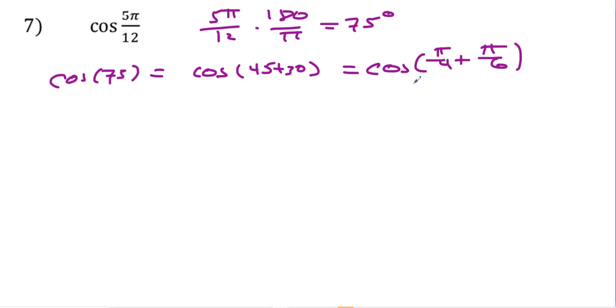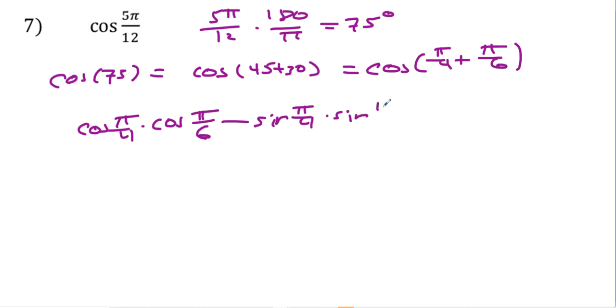All right, and just for the fun of it, because I've already done degrees, I'm going to keep it in radians. So I'm going to do cosine of pi over 4 times cosine of pi over 6. I could have easily put this in degrees instead, 45 and 30. It's going to come out to be the same because you're just going to go off your unit circle. Now it's the sine's turn. Sine pi over 4 times sine pi over 6.